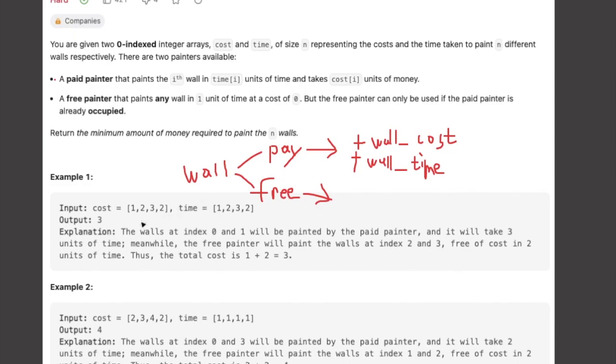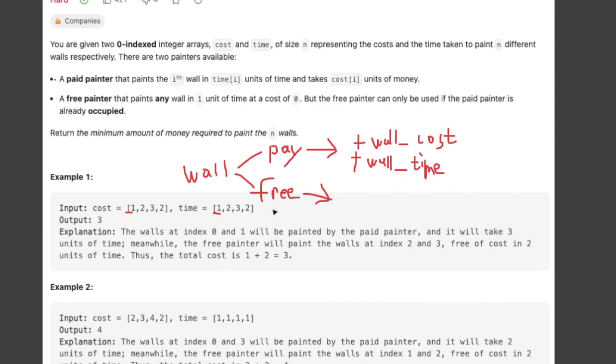For example, for this wall, we have to consider the possibility that I want to use the free painter on this wall, and I promise that later on I will add up this free credit by choosing some wall to pay and then gain that free time. So it's basically like borrowing money, but in this scenario, it's borrowing the free credit.